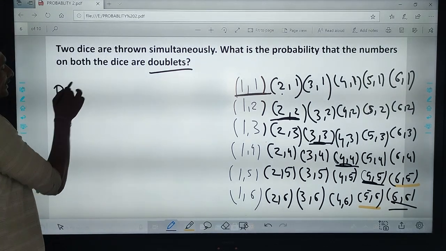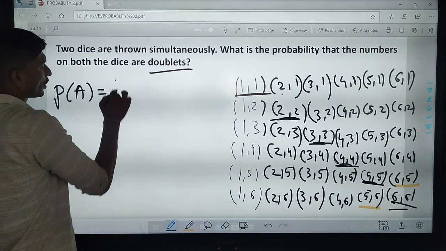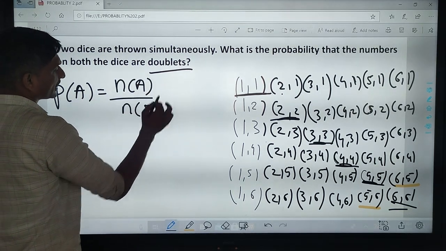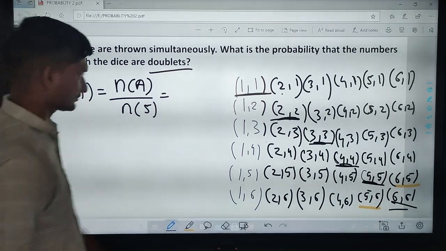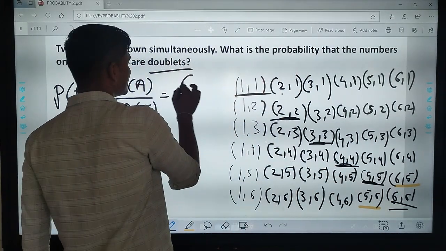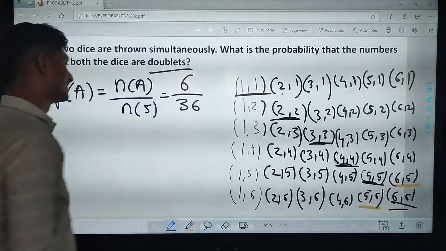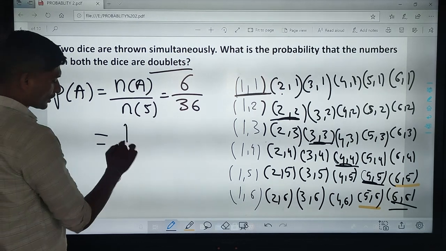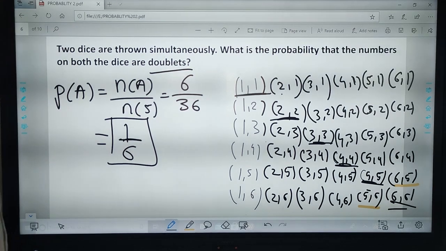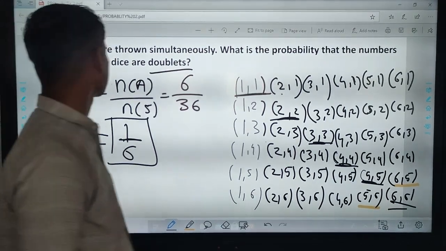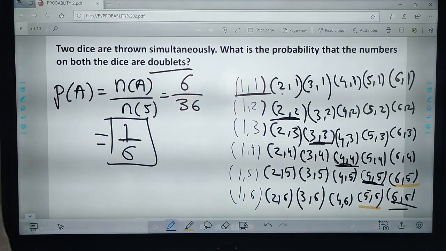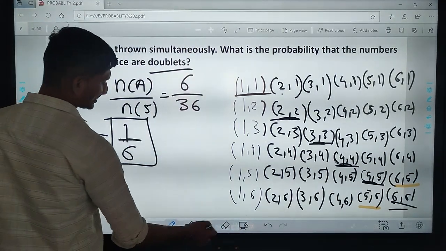Then probability of A is equal to n of A divided by n of S, which is 6 divided by 36. Then your probability is 1 by 6. The probability that the numbers on both dice are duplicates is 1 by 6. Now next.